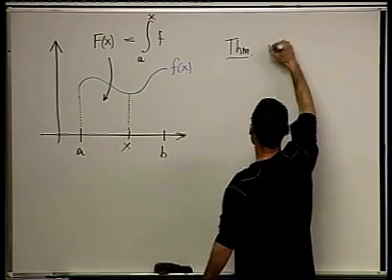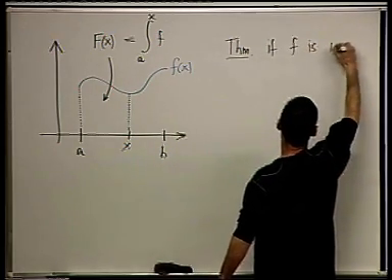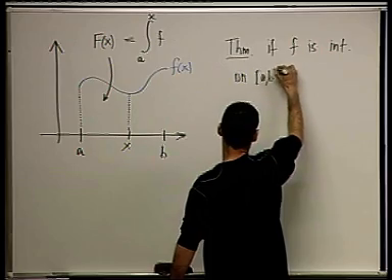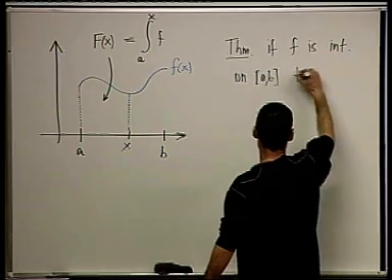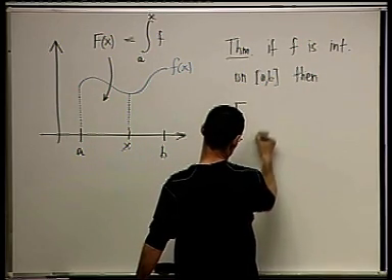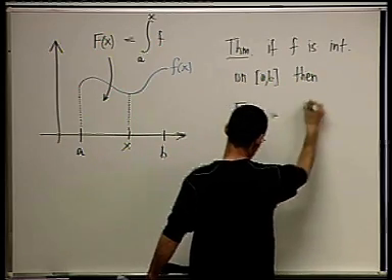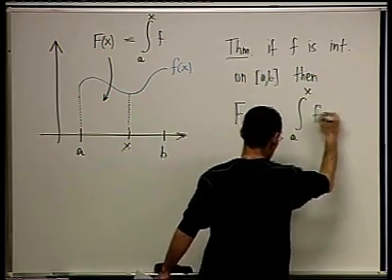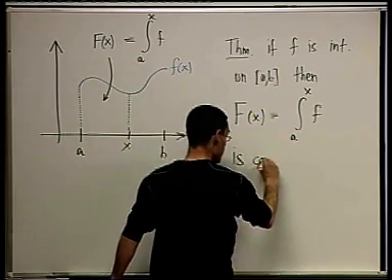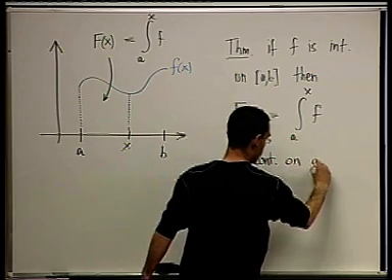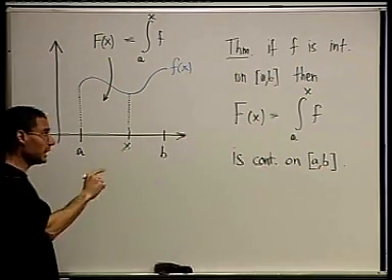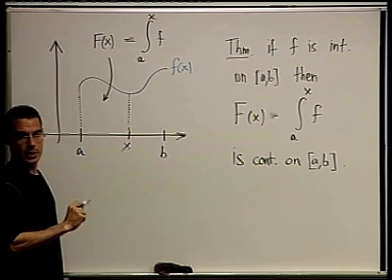So if f is integrable on [a,b], then big F, which is the integral from a to x of little f, is continuous on [a,b]. If little f is integrable, big F is continuous.